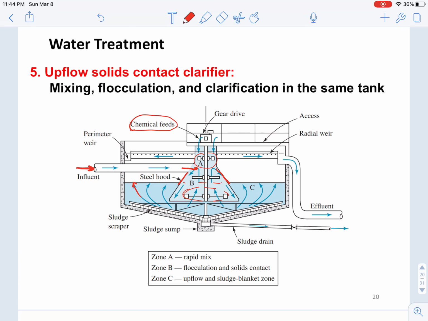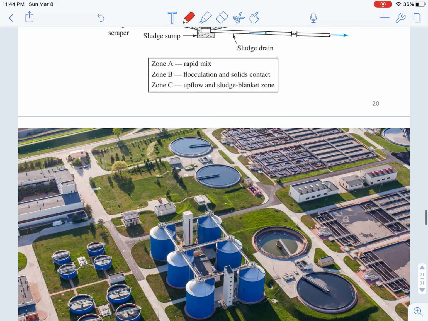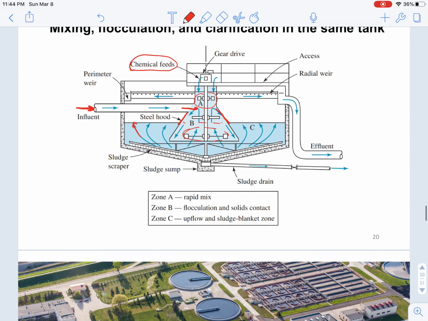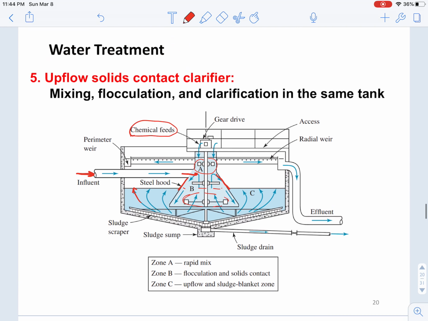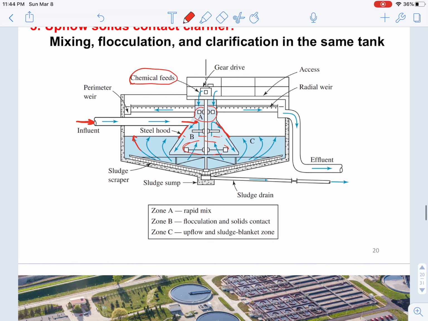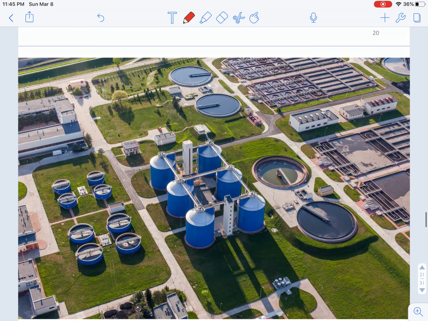If you look for pictures of a drinking water treatment plant, you can typically see these larger tanks or larger reactors with circular shapes, right? These circular shaped reactors are these upflow solids contact clarifiers, because it is very convenient to complete all of these clarification processes in one single reactor here.